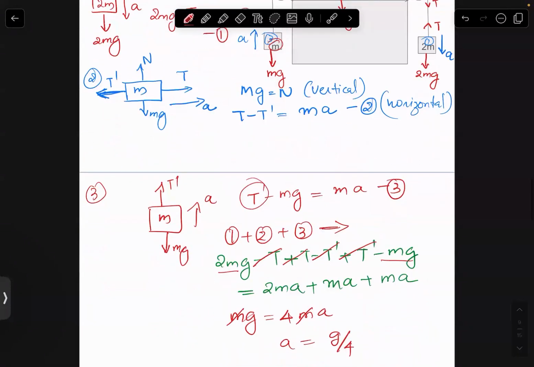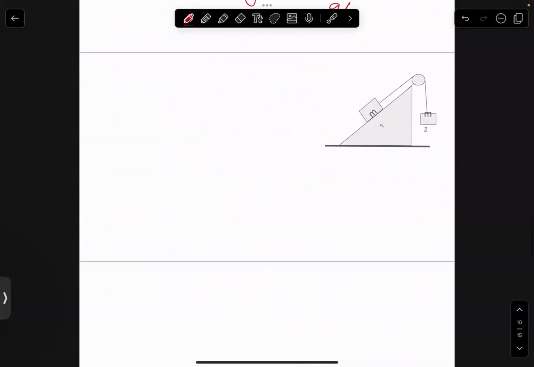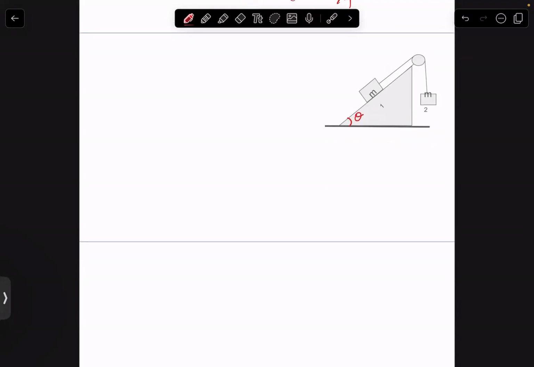Okay. Now, another type of problem is a pulley on an inclined plane. What will happen when you suspend two blocks over a pulley on an inclined plane? Again, we will solve it for a general case. I am taking this as theta, the inclination of this inclined surface.